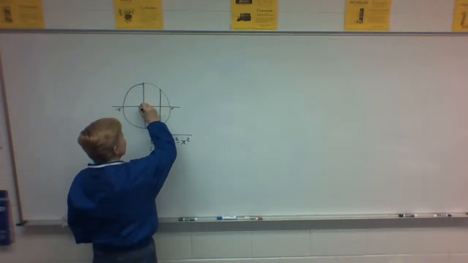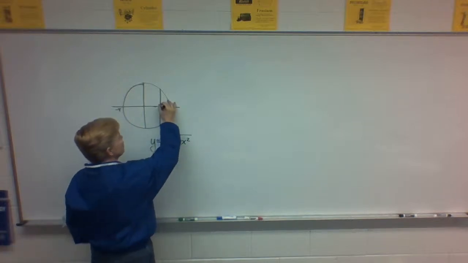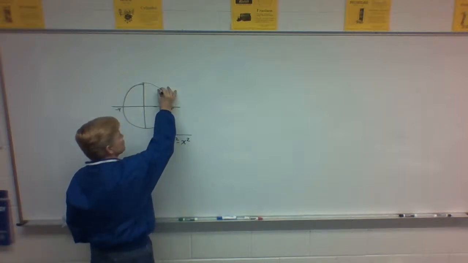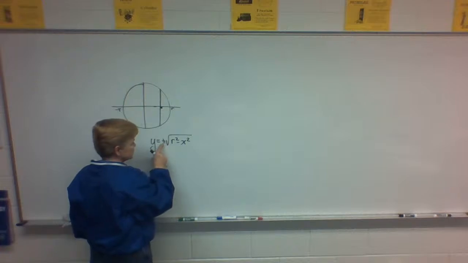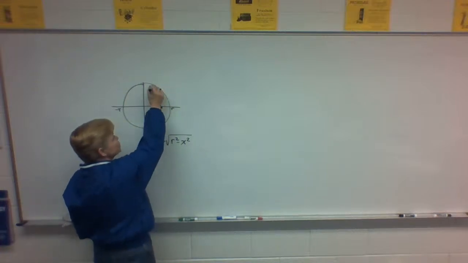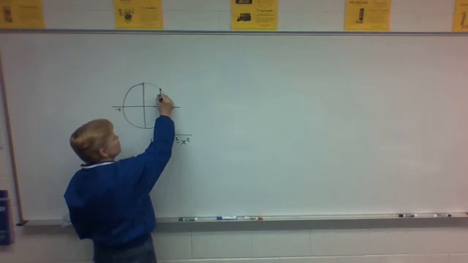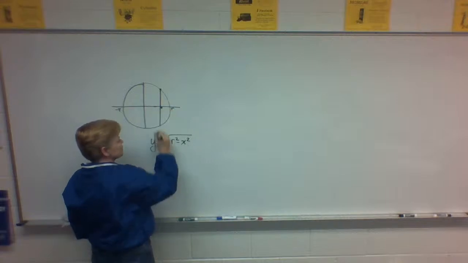Look, if you go out this far from the origin, this value right here is x, right? Just some x value. How long is it from here to here? It is this long, because that's the y value on that function. If we go out this far, x, and we go up this far to arrive at the circle, we have gone up the y value that belongs to this x, which is this.